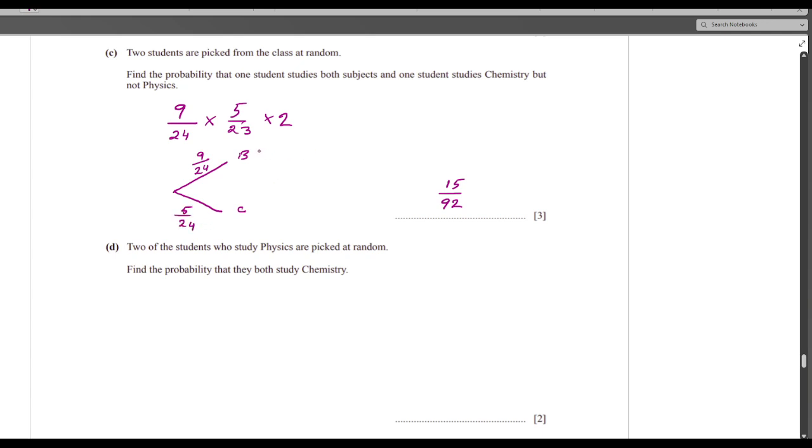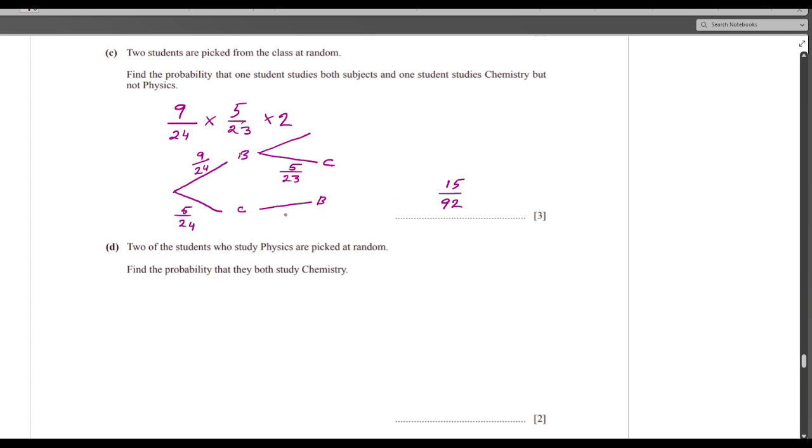Then if one student is picked, then what is the condition that the other student is having chemistry? So for that, I have 5 chemistry students and total number of students is decreased, so it is divided by 23. And when first student is chemistry, the other student having both, I'm not writing the other condition here because I'm not interested in that.